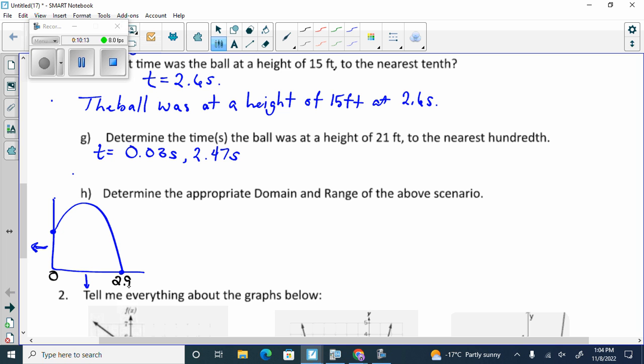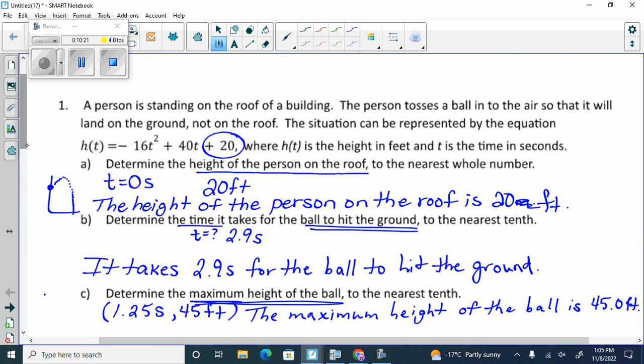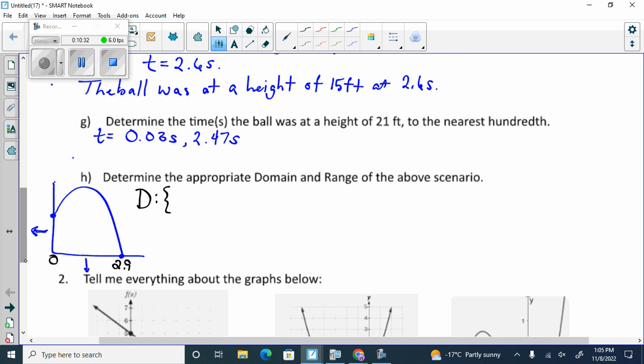So I can't use x because there's no x in this equation. Let's look up here. What is the x in this equation? What variable is it? T. So we have to use t when we use the domain. So make sure on your test you use t, if t is the new x.